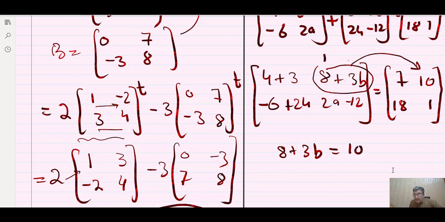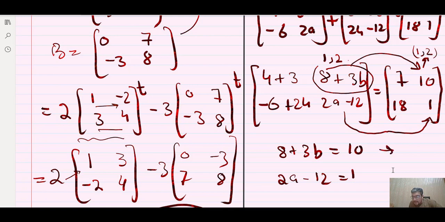It is in the first row and second column. This is in the same location, first row, second column. So we can make these two values equal to each other. And in the same way, 2a minus 12 is going to be equal to this 1. So we got two equations. I name them 1 and 2.